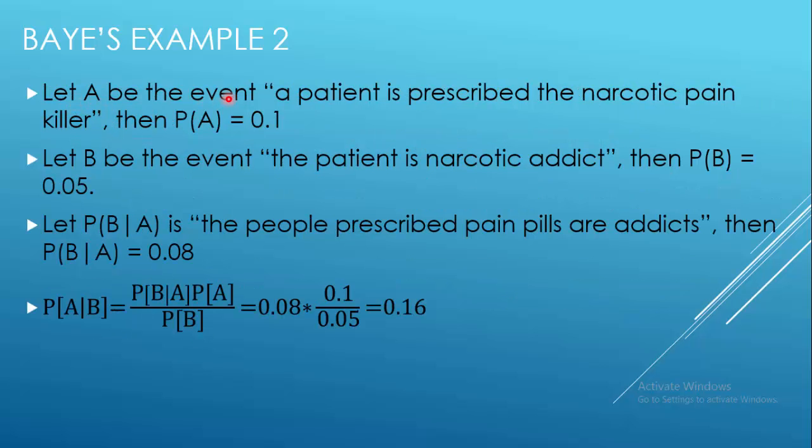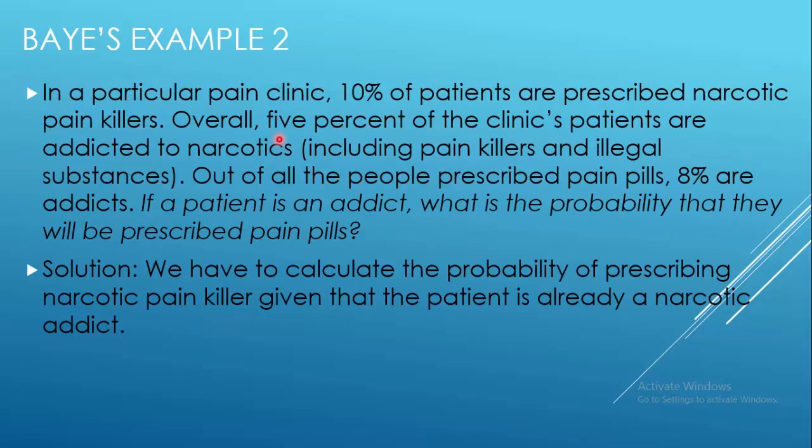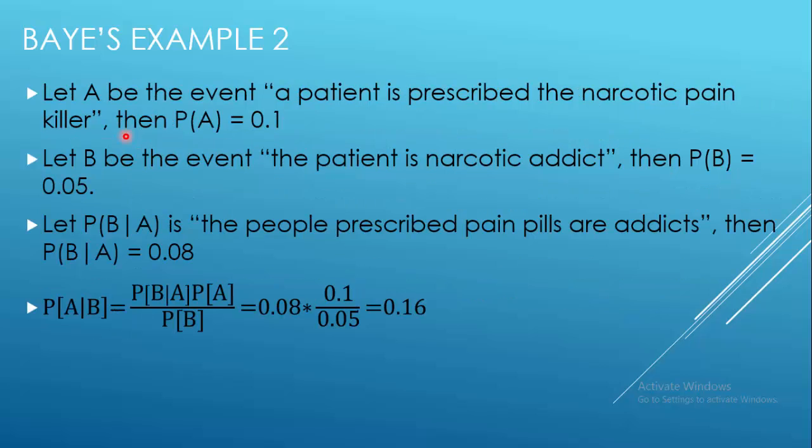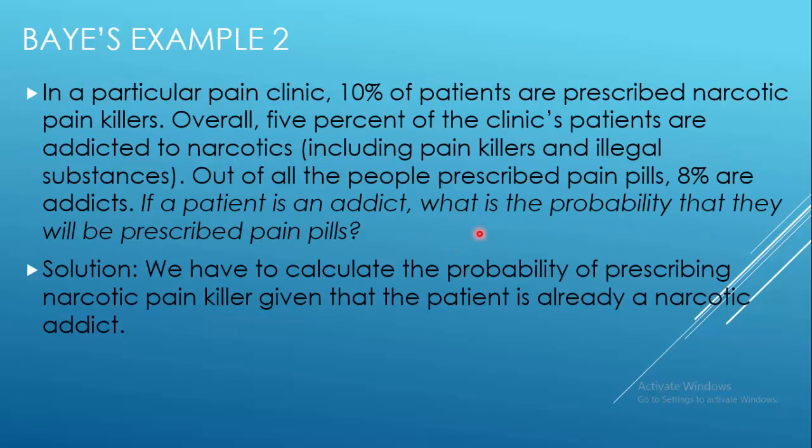Let A be the event a patient is prescribed the narcotic painkiller. So that is given over here, that is 10%. 10% of patients are prescribed narcotic painkillers. Let B be the event the patient is a narcotic addict. So P of B is equal to 0.05. P of B given A, the people prescribed painkillers who are addicts, is 8%.